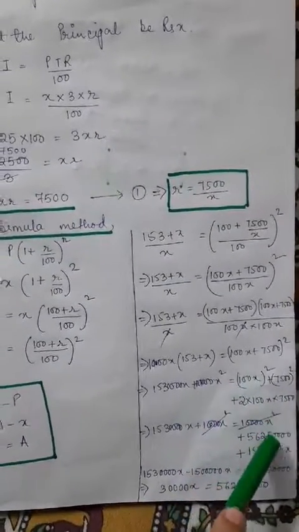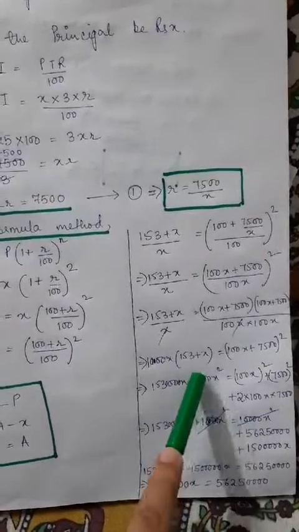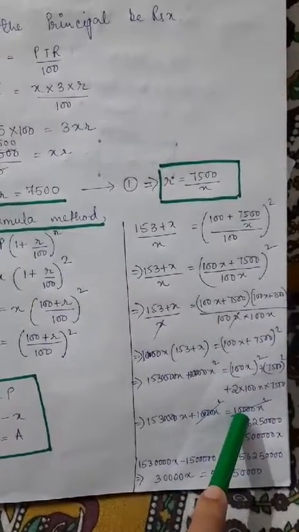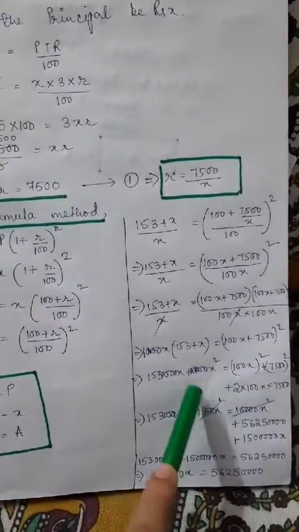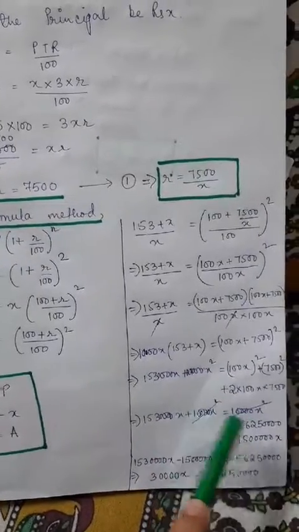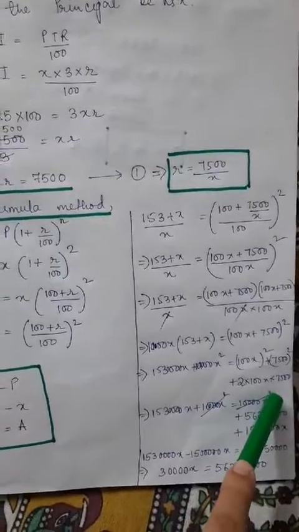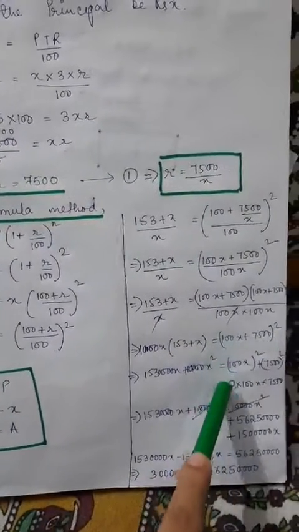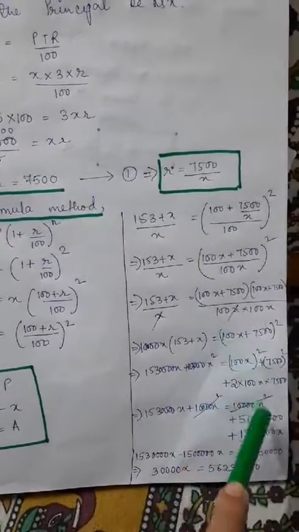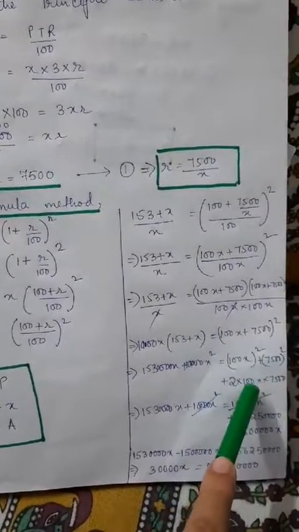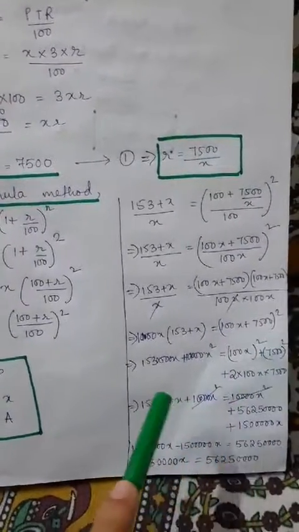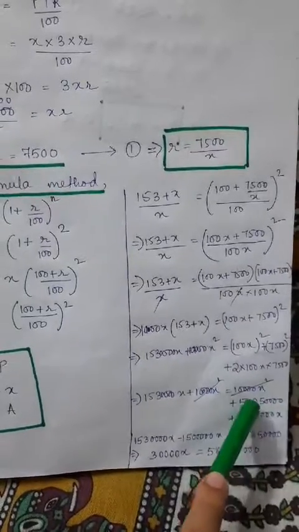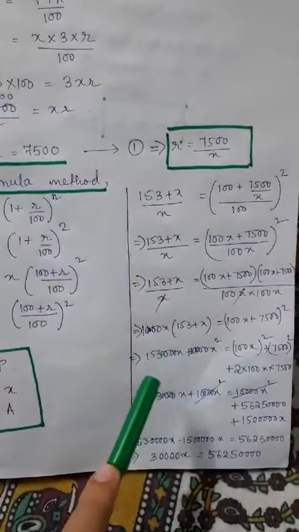So by calculation, see this calculation, I keep this as it is, equal to 100x whole square. It becomes 10,000x square. Here also it's 10,000. I'm sorry, I said 1 lakh. It's actually 10,000 x square, 10,000 x square plus this x. This actually comes from here. A square plus 2ab plus b square. 2ab plus b square.